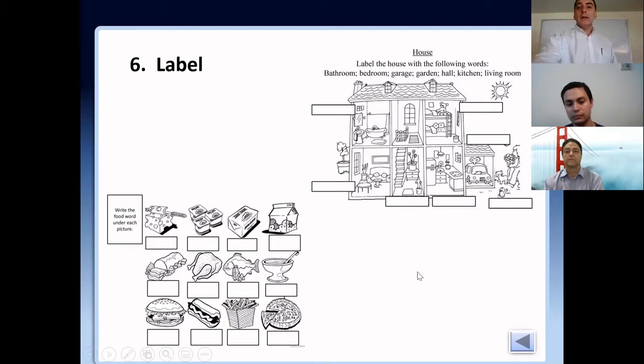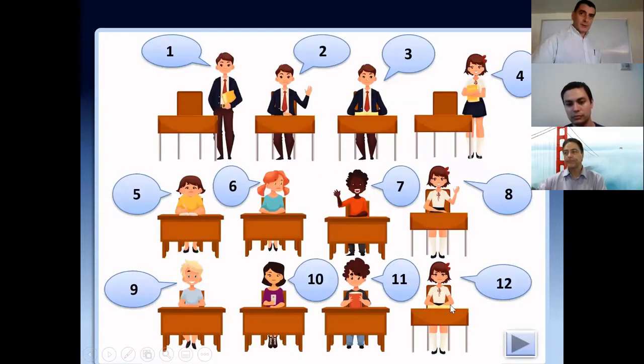So labeling a picture or pictures is another good vocab exercise. Moving on. Shout out though if any others do come to mind.